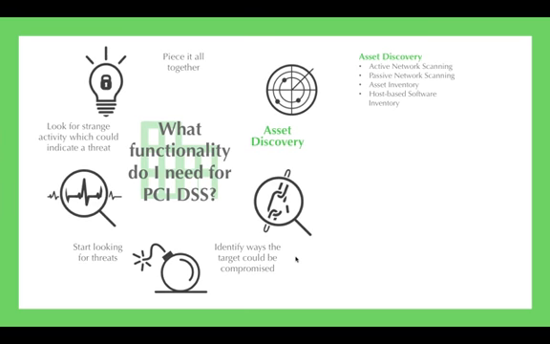But once you understand what's there, you also need to have a good understanding of how those systems can actually be compromised. And we do that through vulnerability assessment, of course. And there's two different components to vulnerability assessment in PCI. You have to do your internal vulnerability assessments, and then you also have to do your external vulnerability assessments through an authorized ASV.